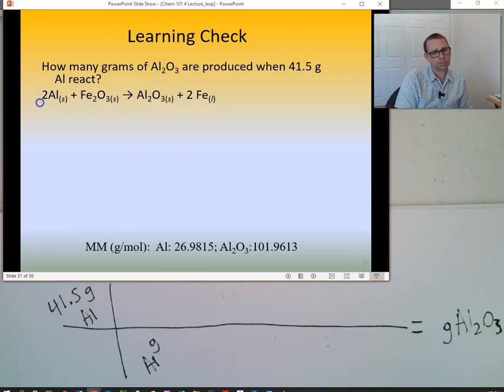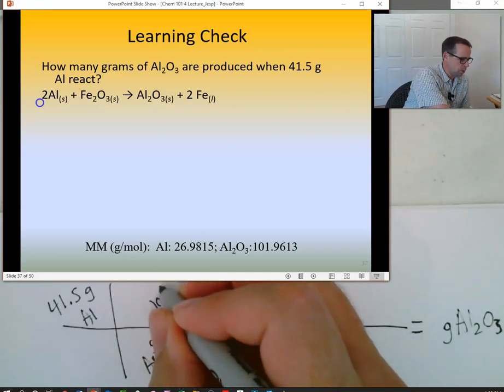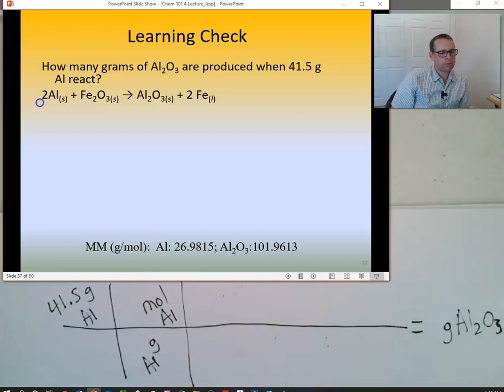Do we multiply 2 times the 26.985? We need that to go to moles, right? So we need to convert the grams to moles. Here we're looking at how many grams of aluminum there are per mole of aluminum, and it's the 26.985.